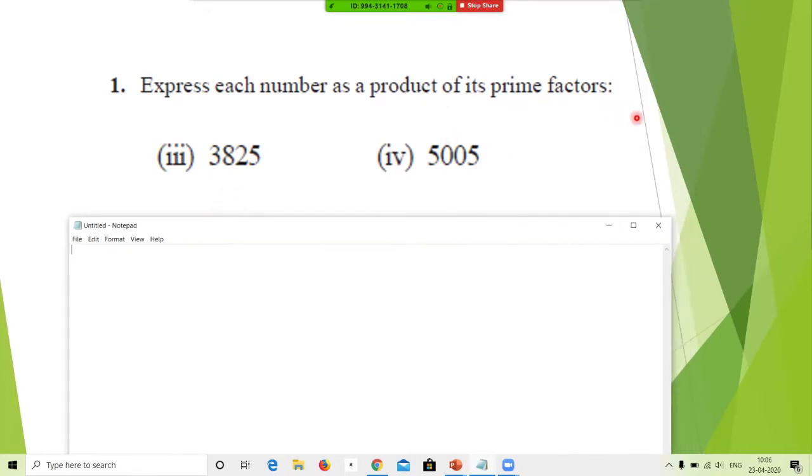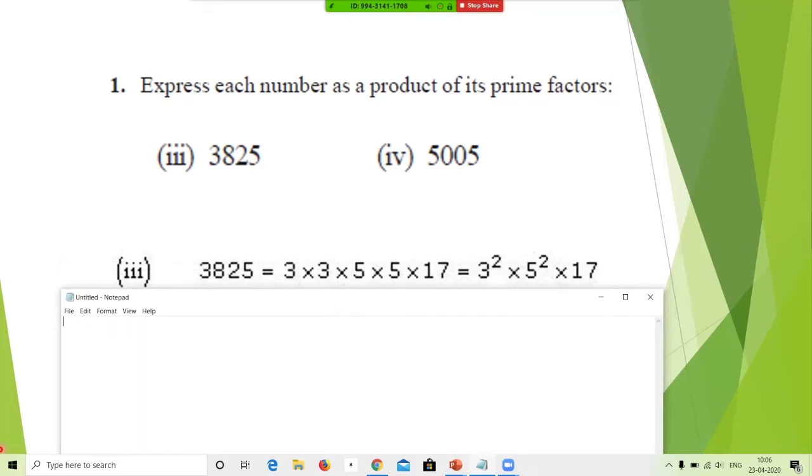3825. I'm done. What is it for 3825? It is 5 square into 3 square into 17.